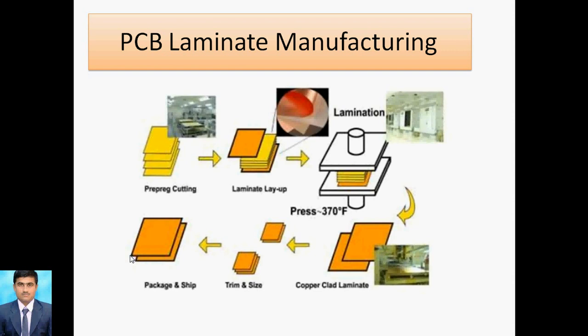Then the copper cladding system is there, and after that it trims and cuts the sizes, and lastly packaging and shipping. So this is the procedure for PCB laminated manufacturing. It covers everything from the cutting section to the shipping section.